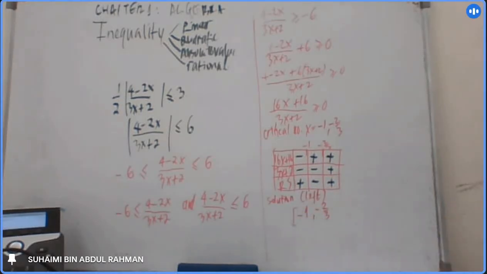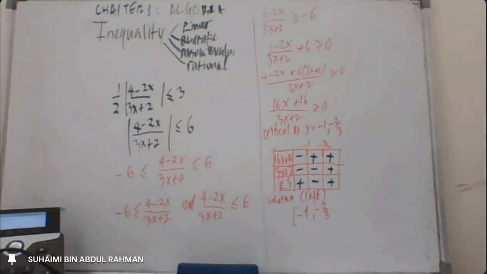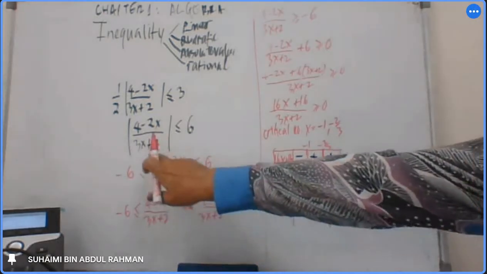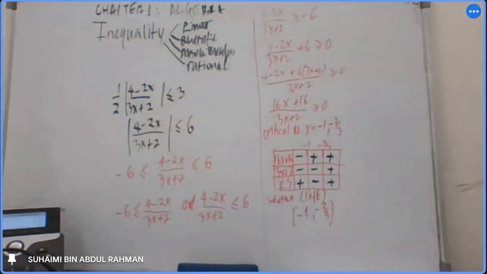Minus 2/3? No, sir, it must be excluded, because if you look back here, it is going to be 0 in the denominator, so it must be excluded.